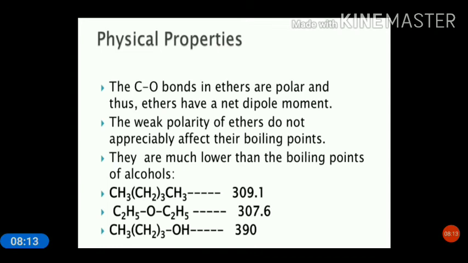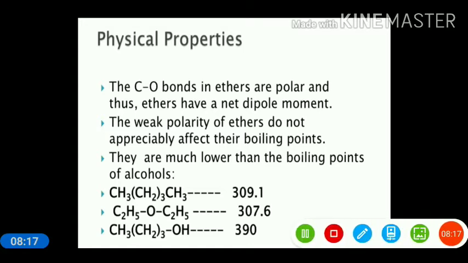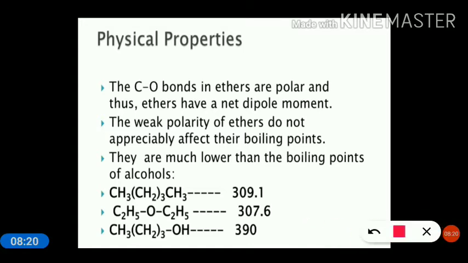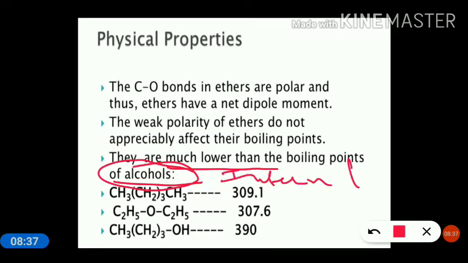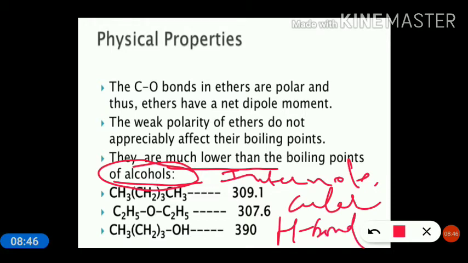Now the physical properties. The carbon-oxygen bonds in ethers are polar and ethers have a net dipole moment. The weak polarity of ethers does not appreciably affect their boiling point. Their boiling points are much lower than alcohols. The reason is that in alcohols there is presence of intermolecular hydrogen bonding.